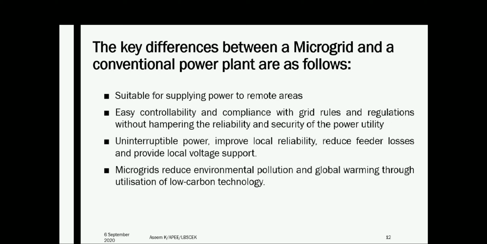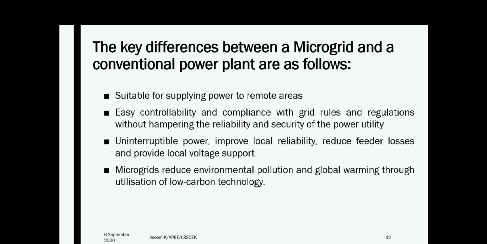From the customer's point of view, microgrids are beneficial in meeting their electrical or heating requirements, and they can even supply uninterruptible power, improve local reliability, reduce feeder losses, and enhance local voltage support.